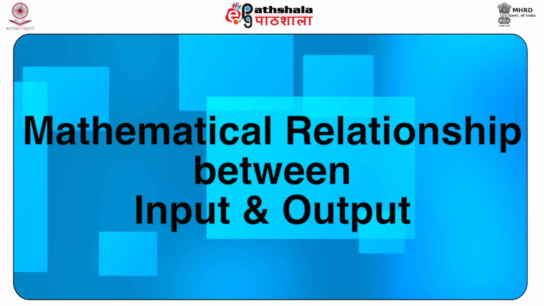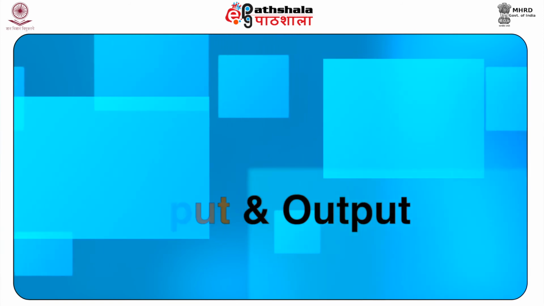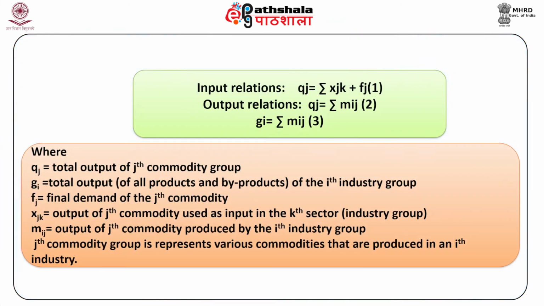Now we can also look at the mathematical relationship between input and output. The input relations are Qj is equal to summation xjk plus fj.